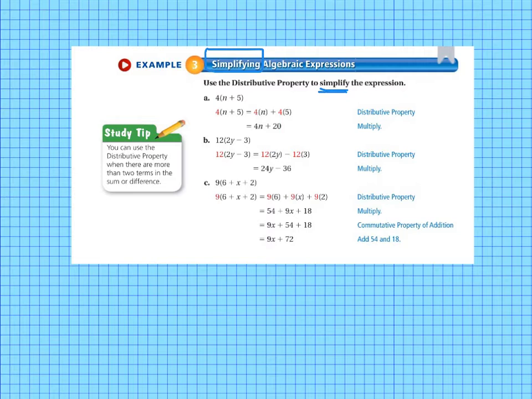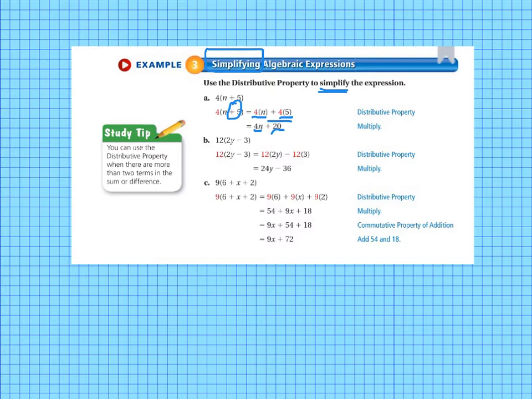Our first expression is 4 times n plus 5. We take the 4 and multiply it by everything inside the parentheses. So 4 times n plus 4 times 5, because there's a plus sign in the middle. 4 times n is 4n, and 4 times 5 is 20.